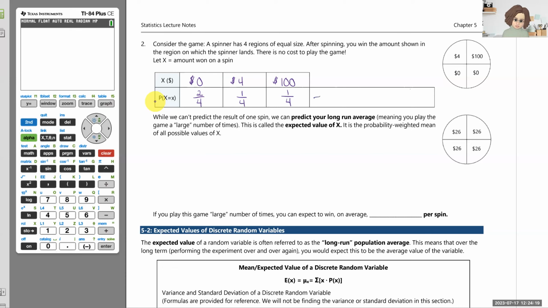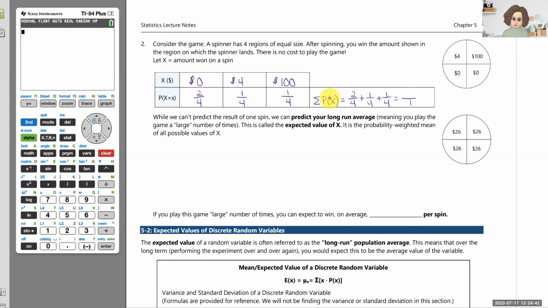And then we'll check the condition here that to be a probability distribution, if we add our probabilities, we have to get 1 or equivalently 100%. So let's add our probabilities, 2 out of 4 plus 1 out of 4 plus 1 out of 4.